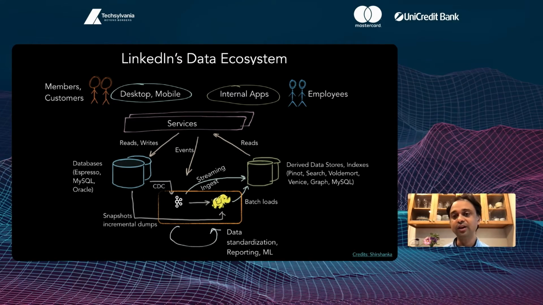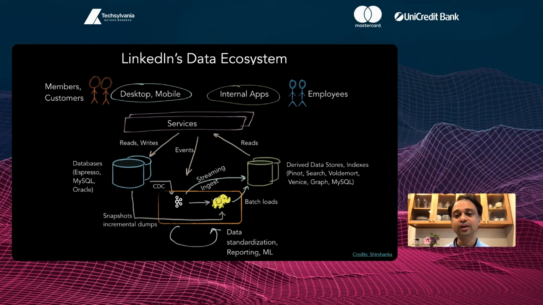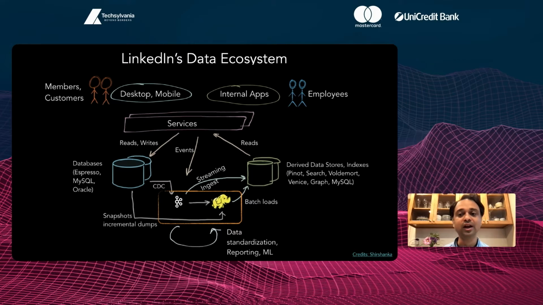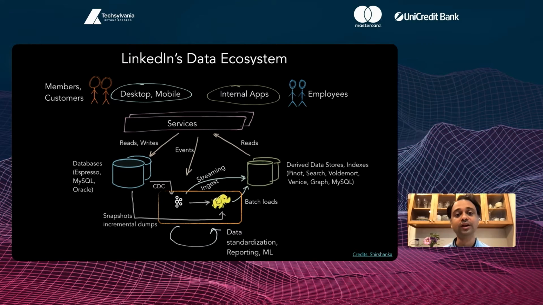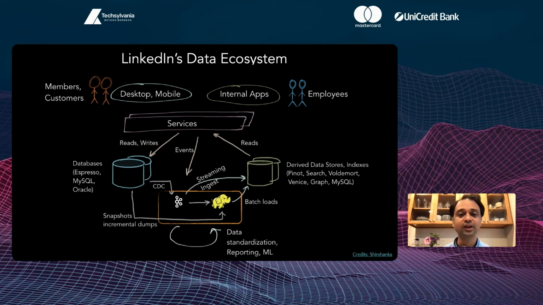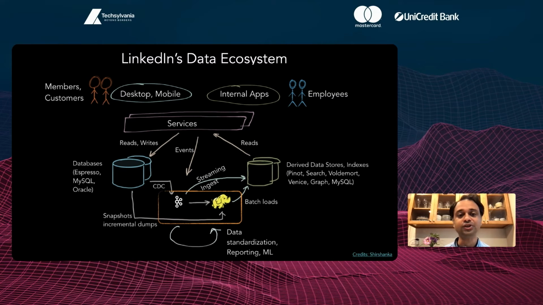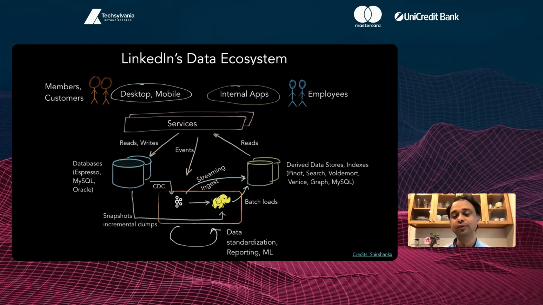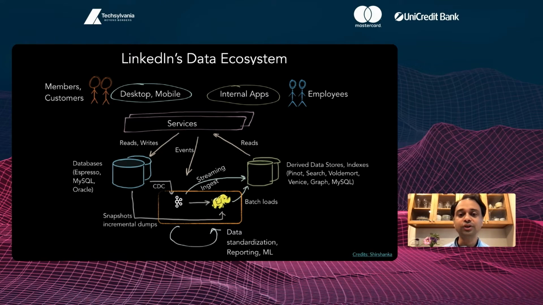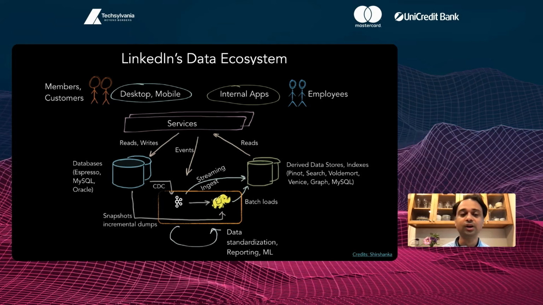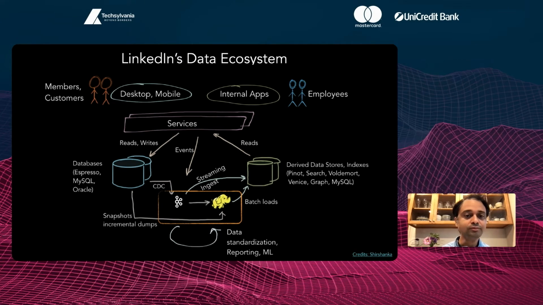The derived data and the insights that are generated are then fed back, in many cases, to the site through derived data stores and indexes, such as Apache Pinot for OLAP queries, and Search and Venice for graph queries, and so on. So that really completes the full data loop across LinkedIn.